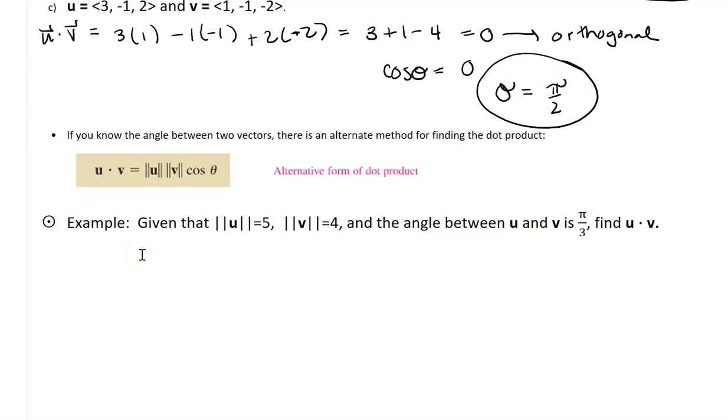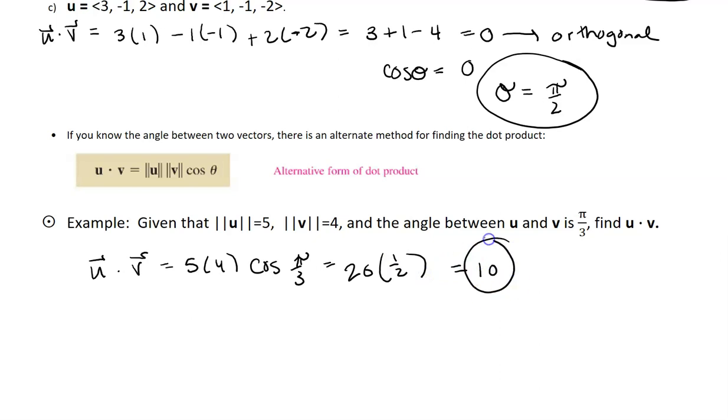So notice it doesn't really give us enough information to find u dot v using the original definition. So this is the kind of instance where you would want to use that. So u dot v would be 5 times 4 times the cosine of pi over 3, which is going to be 20 times 1/2, or 10.